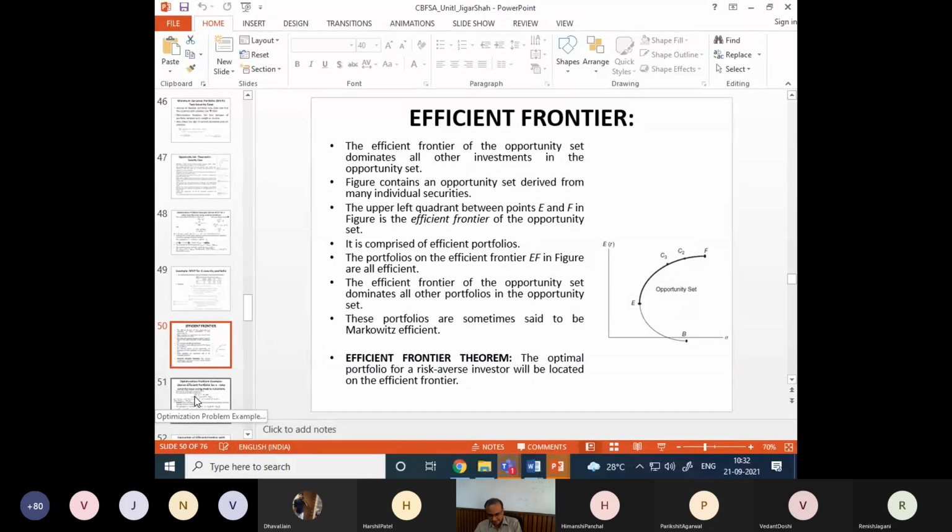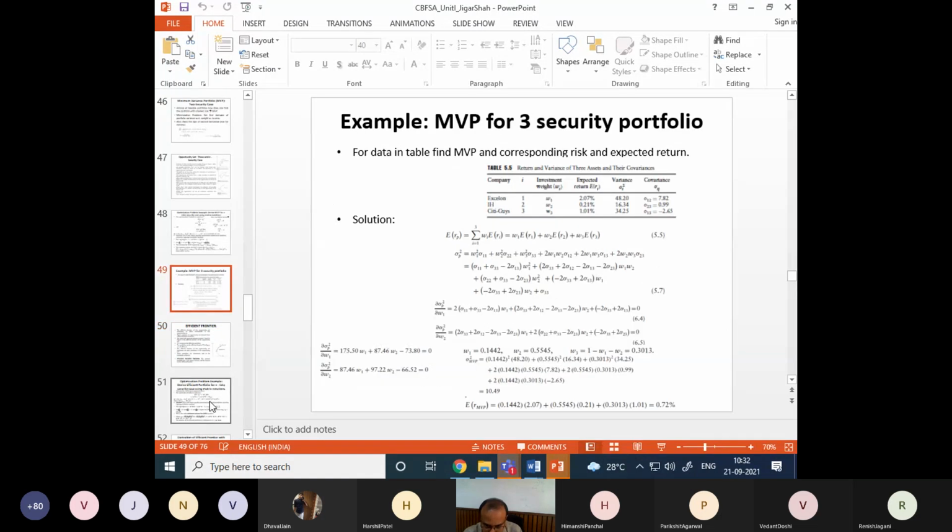So use the generalized case, because the generalized case is where we can implement it in MATLAB very easily. Yes, this was the case we exclusively solved for 3 securities. Manually we solved it using partial derivatives and all those things, right? But that is for the minimum variance portfolio. It is not for a given return.